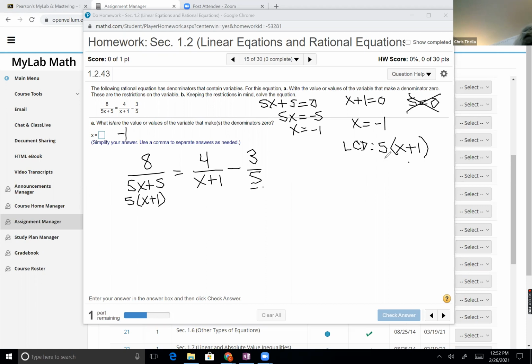And here we've already got that factor of 5. With me so far, folks? Am I talking too fast or are we good? Good. And then just like the other problem, we're going to multiply both sides by that common denominator.